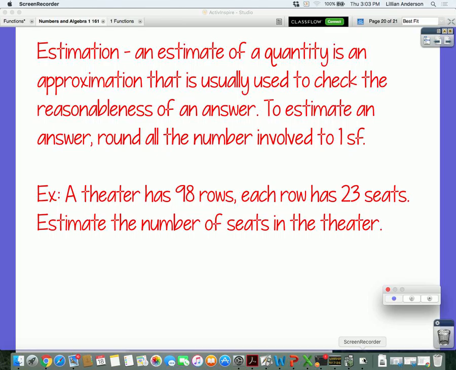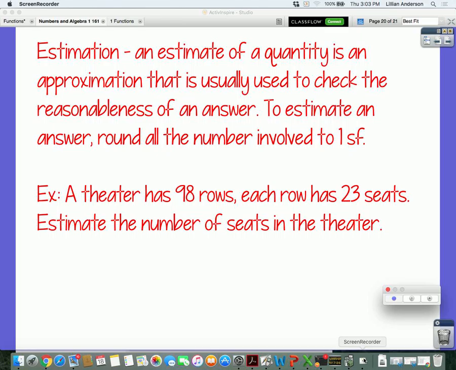So if it ever says to estimate the number of seats in the theater, that means that you are rounding to one significant figure. Even though it didn't tell you how to round, it said estimate. We are rounding this to one significant figure whenever we make an estimate.